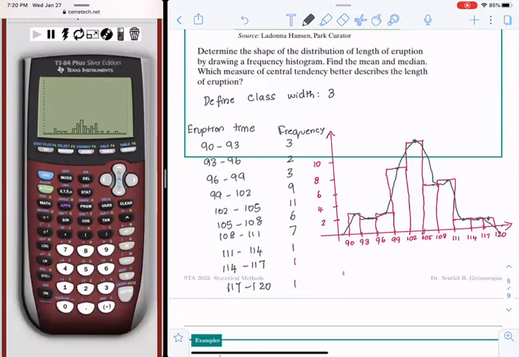To find the mean and the median, we can use the calculator directly. So second mode to exit, stat, over to calc, 1, second 1. And I get a mean of 101.86.